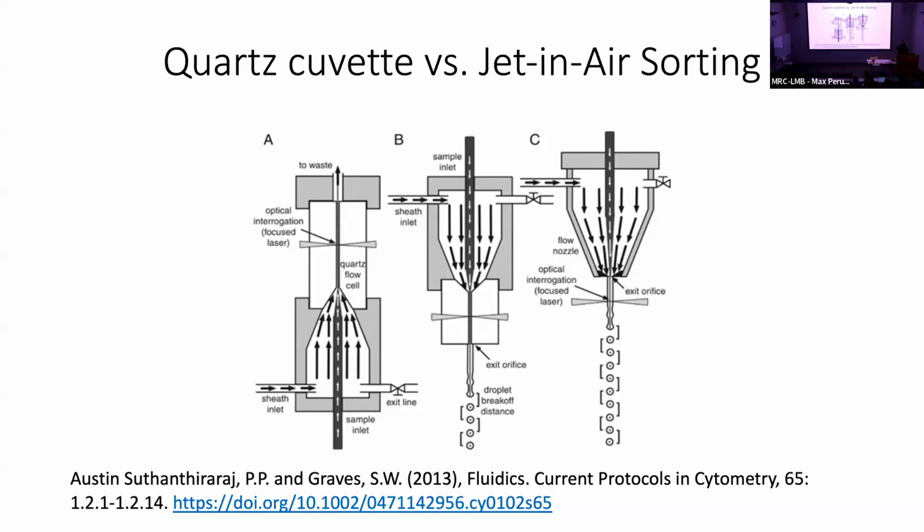It produces very high purities. And the great thing is that we can sort into a variety of different collection devices and tubes. We can do cloning; single cell cloning is very, very efficient for that. And again, you can get a lot of cells very, very quickly.